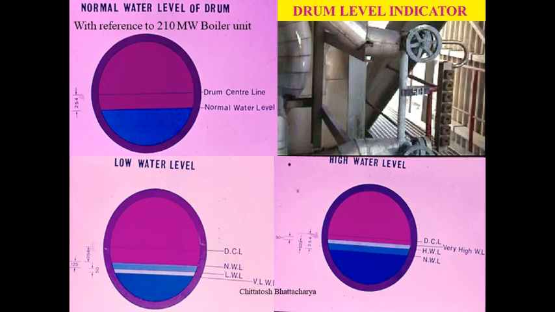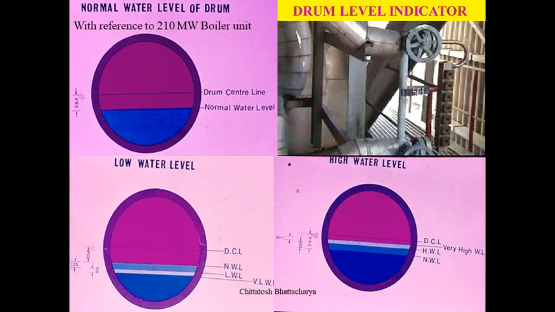This way we try to safeguard the boiler from carryover of wet steam to the superheaters, because if superheating is not properly done due to wetting of incoming steam, then we will get less outlet temperature of the superheated steam, and there may be carryover of silica also due to improper blowdown.